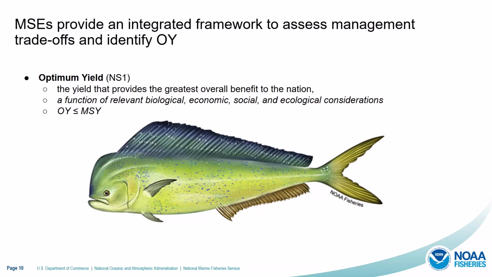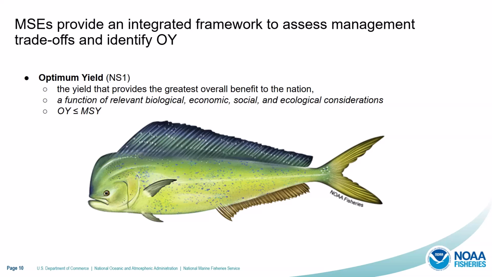And we know that there are a variety of fisheries, particularly those with high recreational importance, like dolphin fish, pictured here, where maximum sustainable yield might not actually be optimum yield. It might not maximize all of the management objectives for the stock.